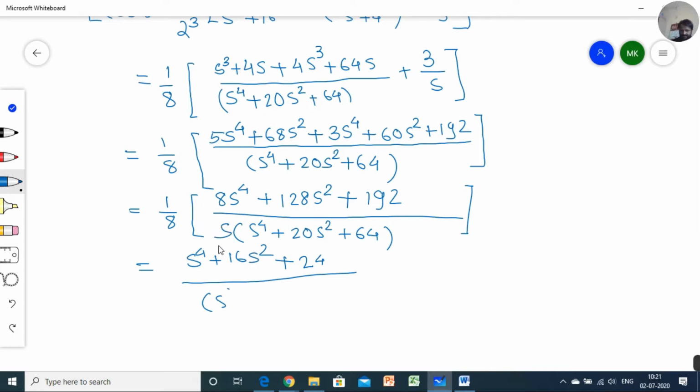Okay, 3 by s, yes, so s is kept as it is here, because this part we never multiplied here, so this part becomes s raised to 5 plus 20s cube plus 64s.